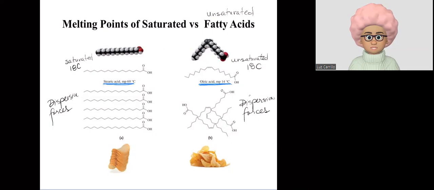On the other hand, for oleic acid, when it comes to the structure, we can see that the double bond creates what we call a kink in the molecule. It bends the molecule in such a way that when you try to stack these unsaturated molecules, that kink or bend prevents them from stacking to a great degree.